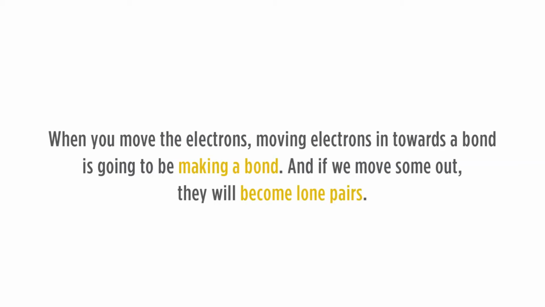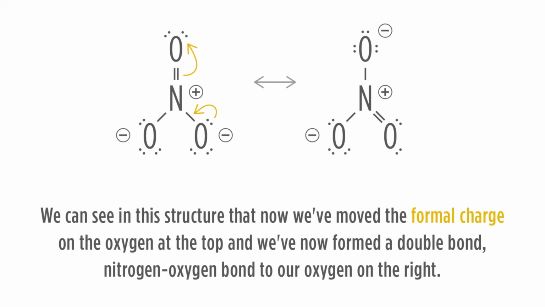When you move the electrons, remember that moving electrons in towards a bond is going to be making a bond, and if we move some out, that's going to become lone pairs. So then that will become this structure. We can see in this structure that now we've moved the formal charge on the oxygen at the top, and we've now formed a double nitrogen-oxygen bond to our oxygen on the right.